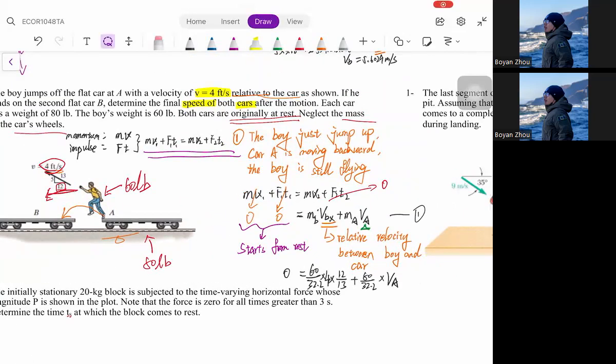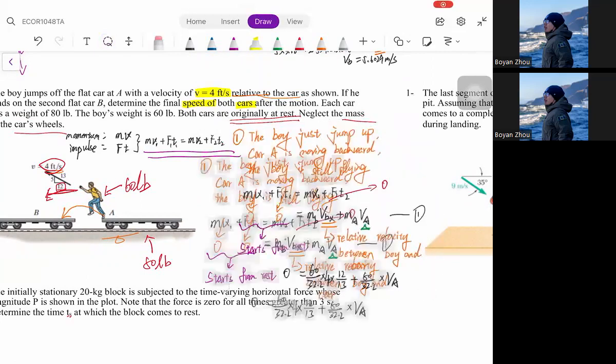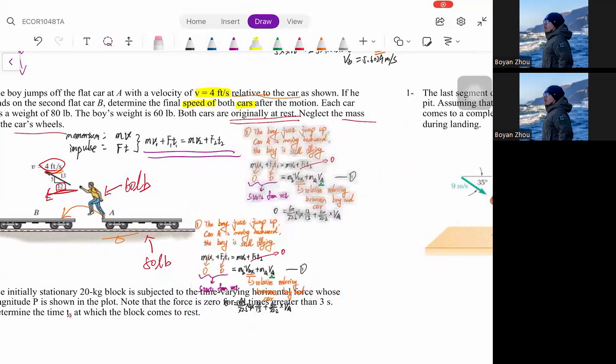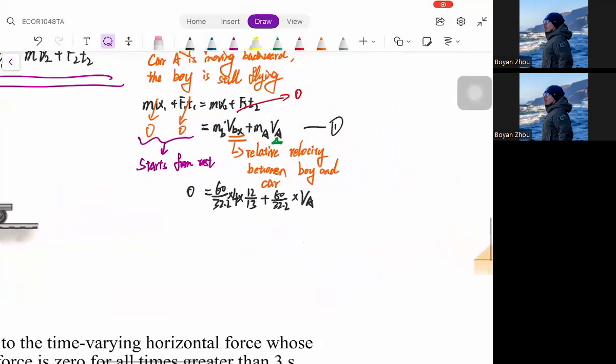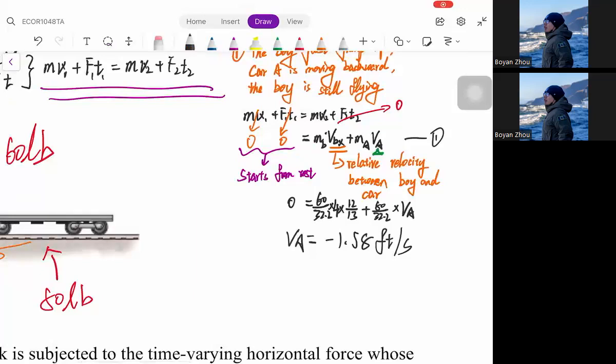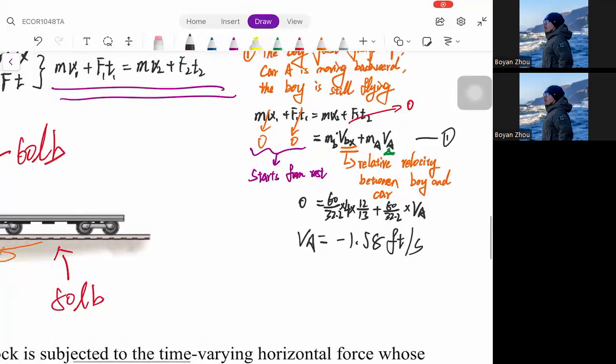So from here, we can find the velocity of the car, and that is equal to negative 1.58 feet per second. That means the car is moving backwards, which actually makes sense.